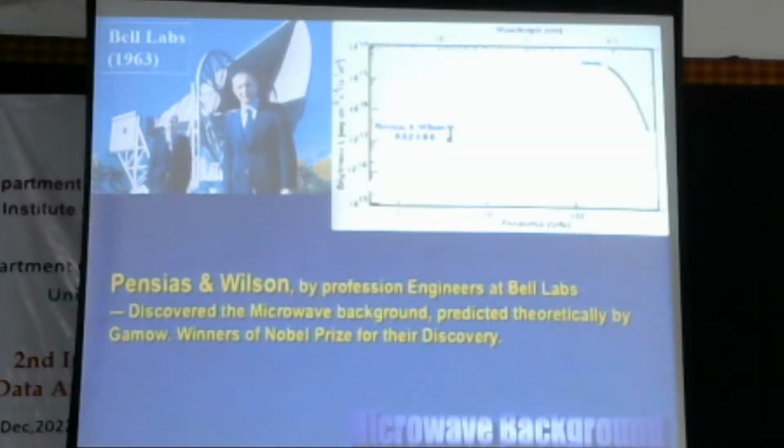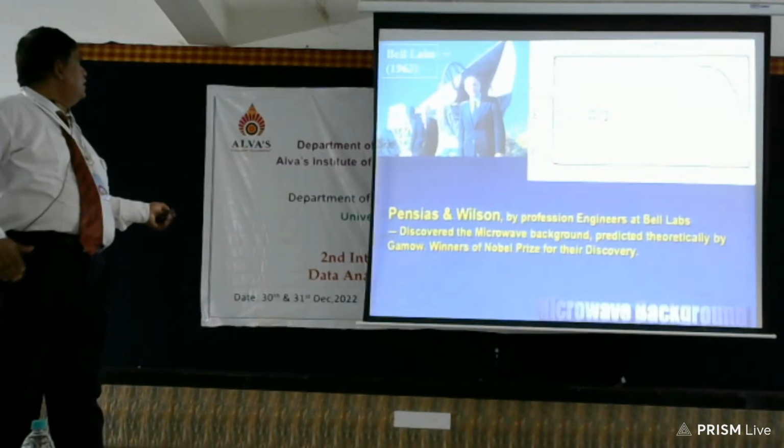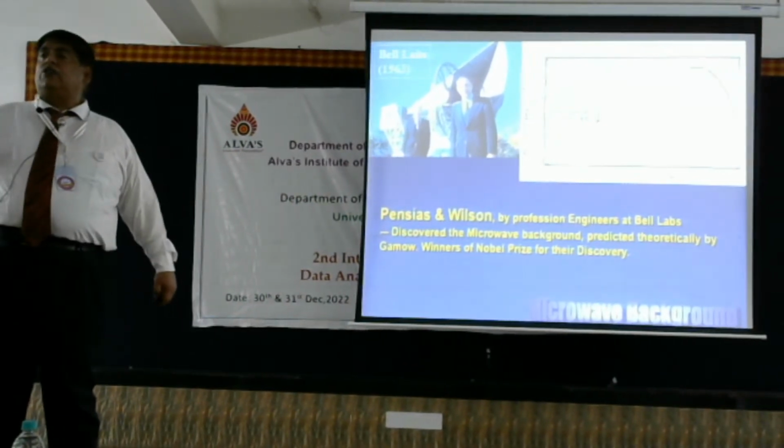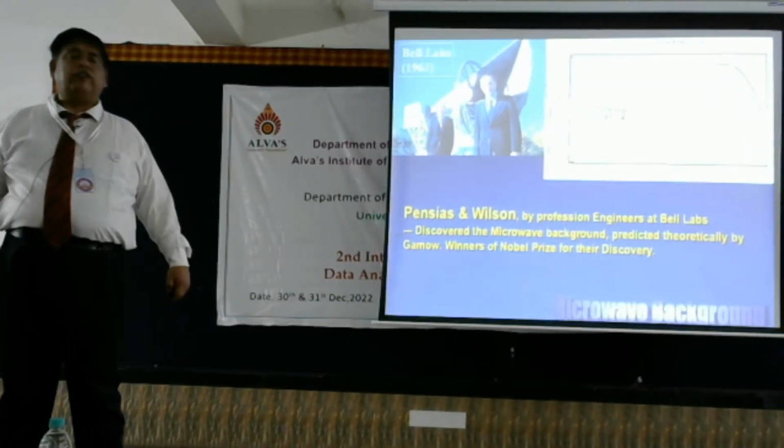Similarly, here you see two scientists from the Bell Telephone Laboratory who were trying to test an antenna. While testing the antenna, in whichever direction they would put their horn, at that time the antenna was so big, they got a noise, and they saw that this noise was uniformly coming from different regions.